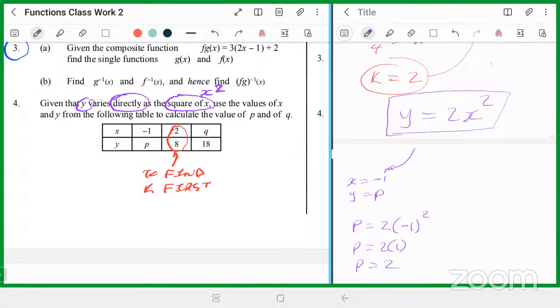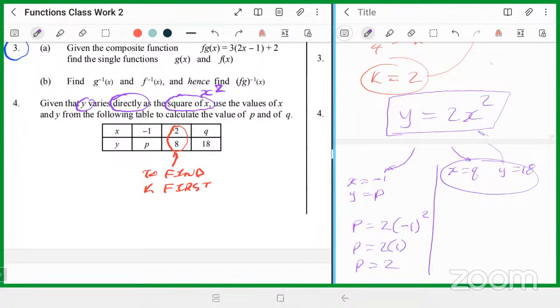And then the next one, we're going to work on this pair to find the value of Q. On the second pair, what we have is that X is equal to Q when Y is equal to 18. Again, I'm going to plug these values into this formula and see what we get for Q. So the Y is 18 right here.